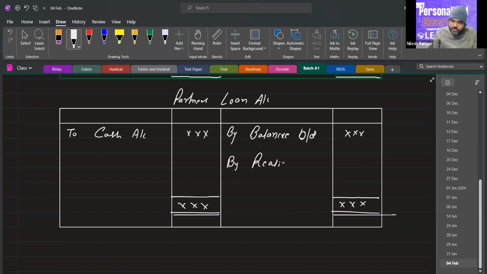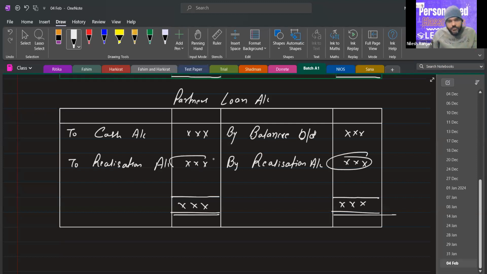By realization if payment is more than the actual amount, to realization if payment is less than the actual. In both cases, profit or loss will be transferred to realization. So this is the balancing figure. This is the partner's loan account.